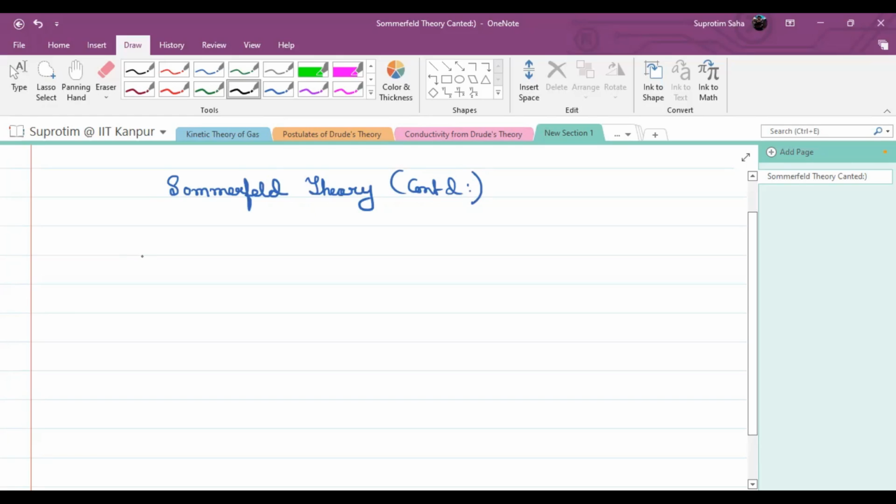So you have a cubic box-like structure. What you had is a cubic box.